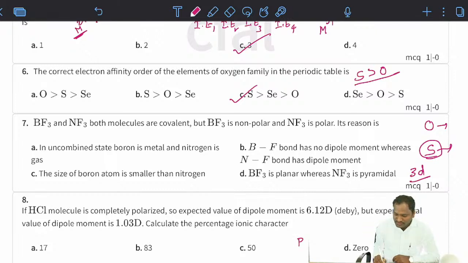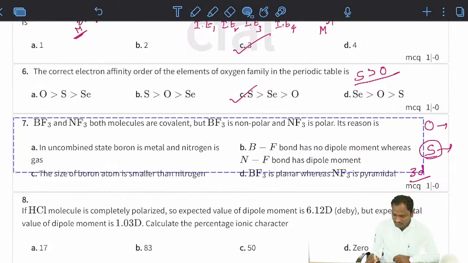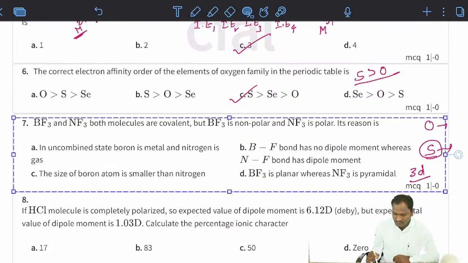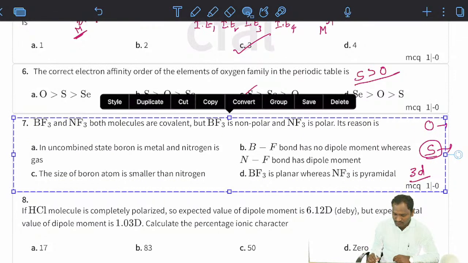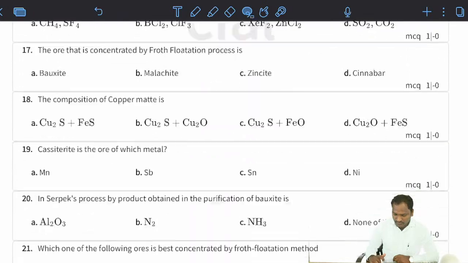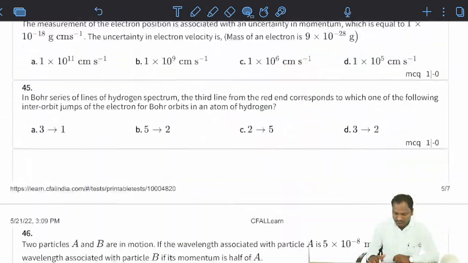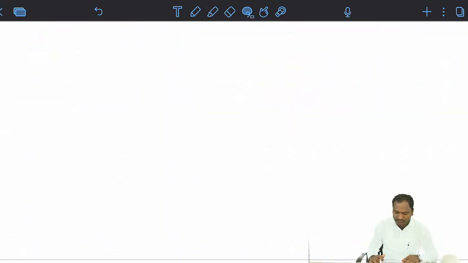See, BF3, since in BF3 the central atom undergoes sp2 hybridization. Wait students, here I'll draw the structures of NF3 and BF3.